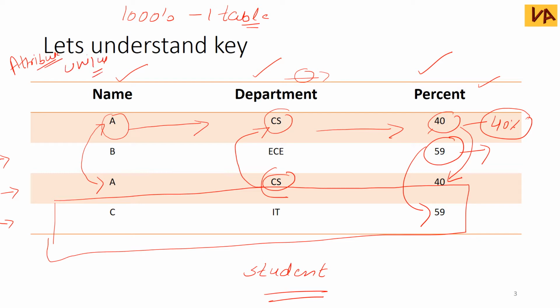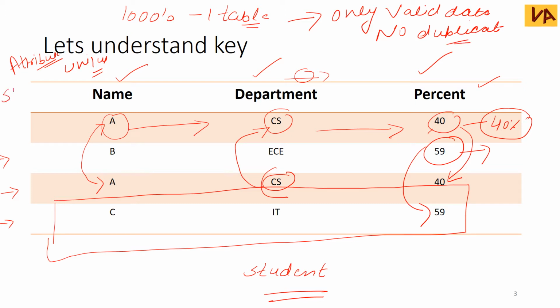Unique means only valid data and no duplicacy. No duplicacy means no duplicate value will be there in the primary key or the unique column.